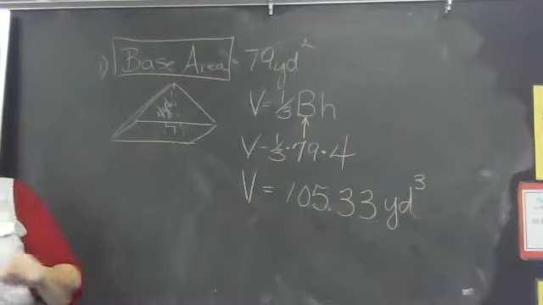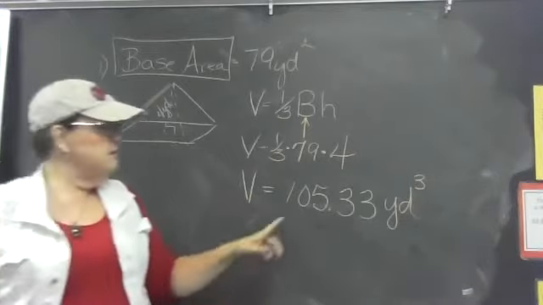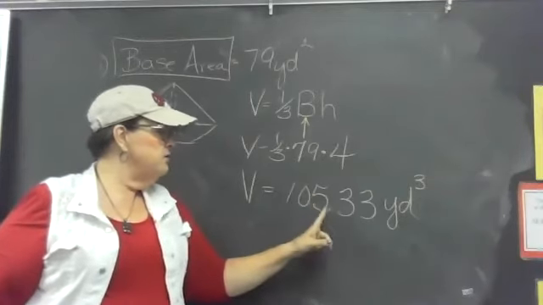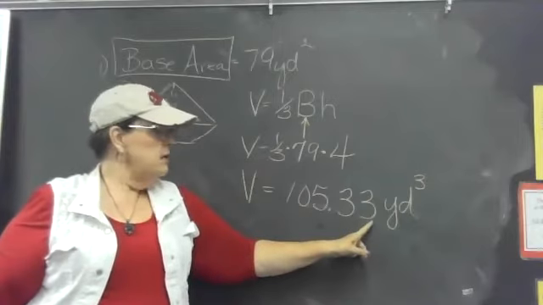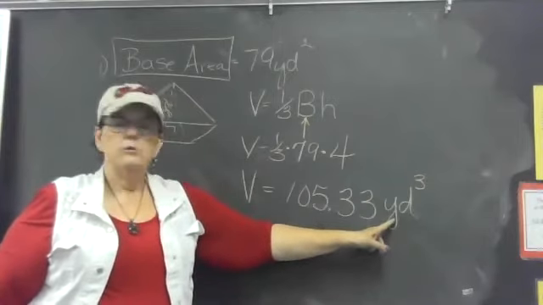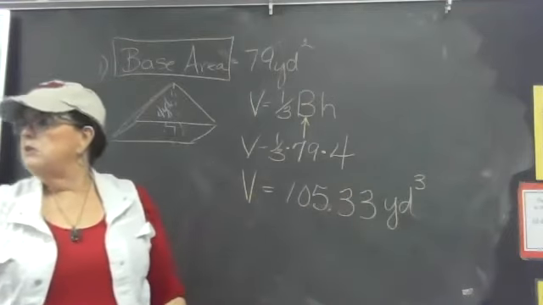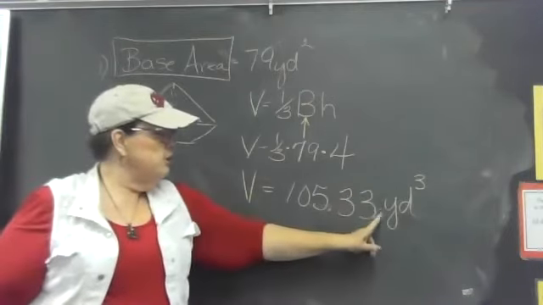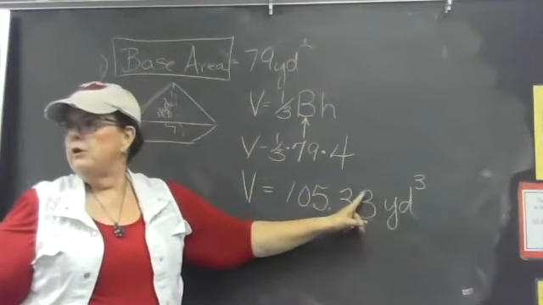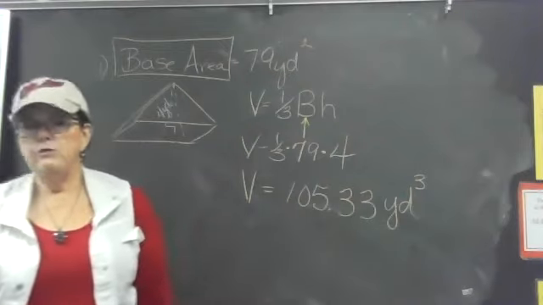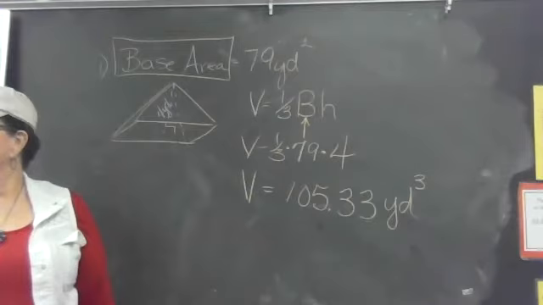If you look in the instructions, it says round to the nearest 2 decimal places. The way you count the decimal places is after the decimal, 1, 2. Okay, if the next number was 5 or bigger, this would have changed this to a 4. It's all 3s. So the next one on the calculator is a 3. It's not big enough to force this one up. So it just stayed a 3. And this is how you round to the nearest 2 decimal places.